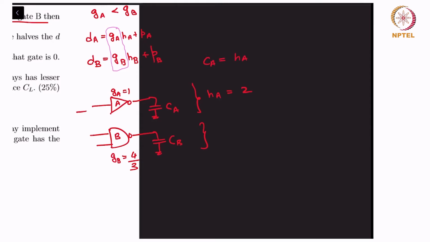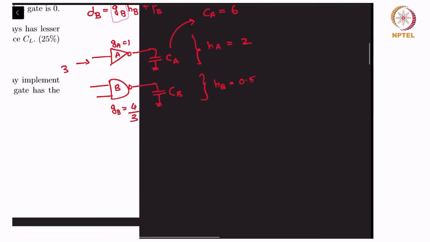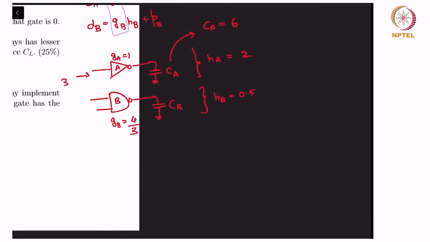HA into the input gate capacitance would be 3, HA into 3, right? So let's say CA is 6, for example, over here, and we'll say that HB is equal to 0.5, let's say, right? You can accordingly get the input gate capacitance here, which would be 4, and so therefore CB would have to be HB into 4, which is 2. So the load here is far greater than the load here.